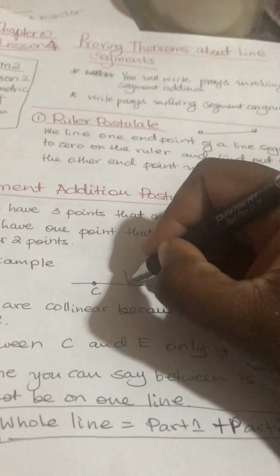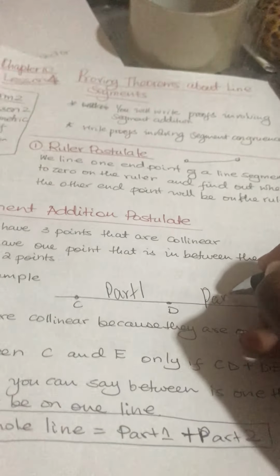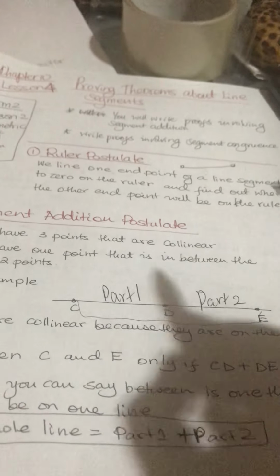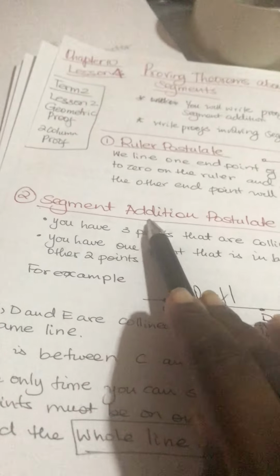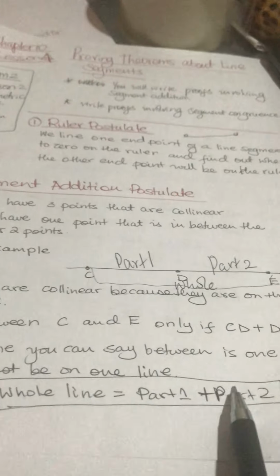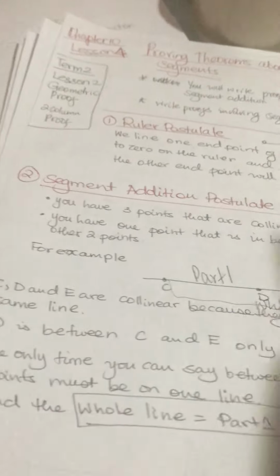So this is part 1 and this is part 2. And from C to E is the whole. Are we together? You have to make sure you can only use this one when you can make this sentence. If this sentence is not true, then you cannot do that.